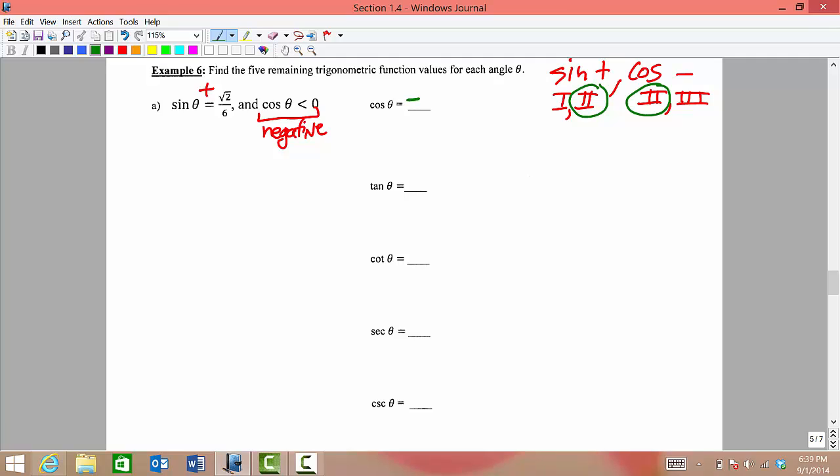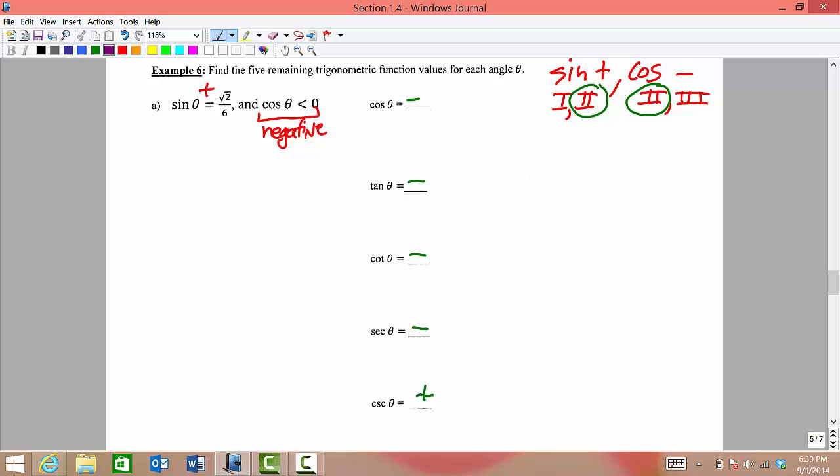That also tells us the signs of all of our trig function values. Cosine is negative. Tangent, because we're located in quadrant 2, is also negative. Cotangent is negative. Secant is negative, and cosecant will be positive. Now that we know the signs of all of our trig function values, let's go ahead and find the actual numeric values.